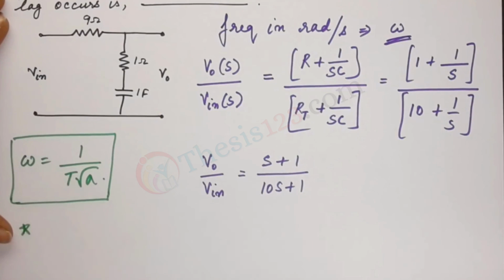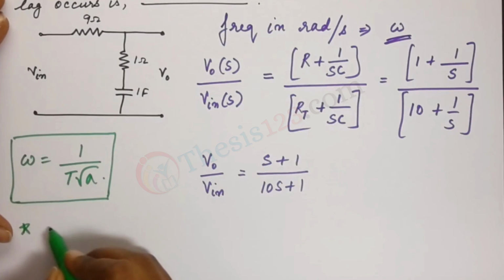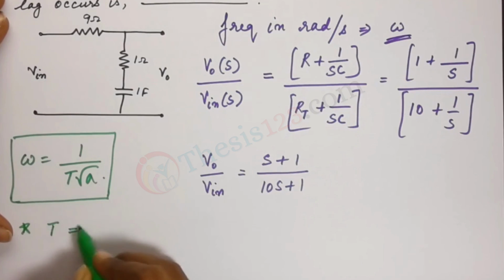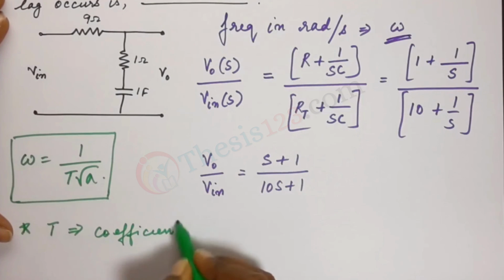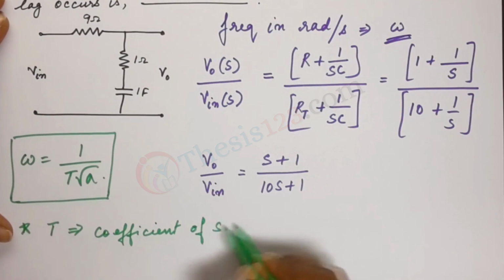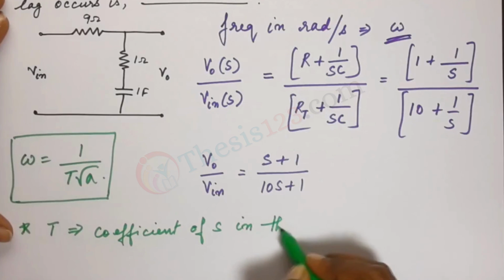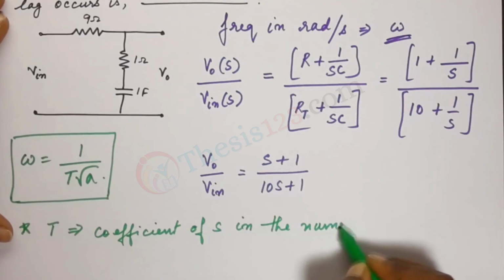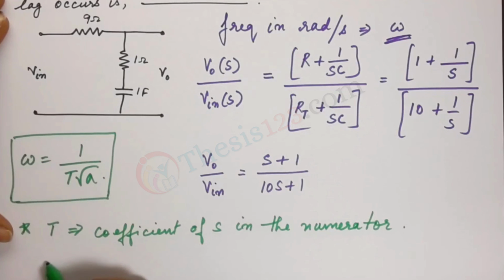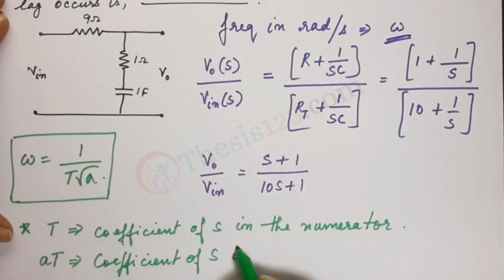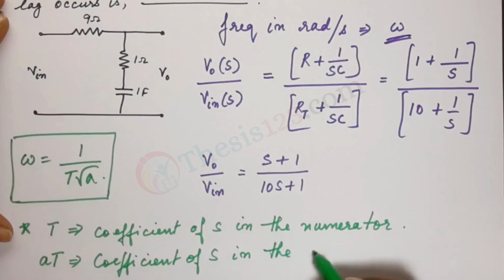So here is an important point. The value of T is the coefficient of S in the numerator. And AT is the term corresponding to the coefficient of S in the denominator.